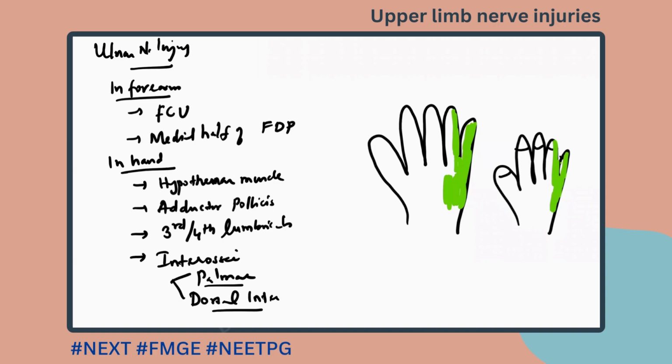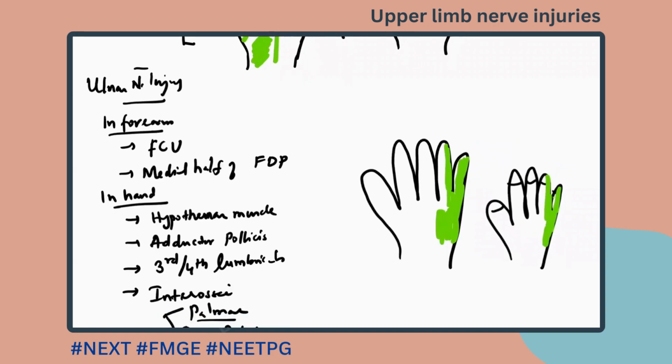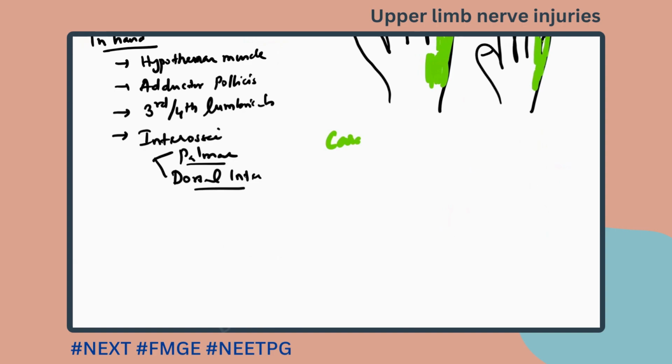So there are three important tests. One is the card test, to check the palmar interossei. Igawa's test, to check the dorsal interossei.